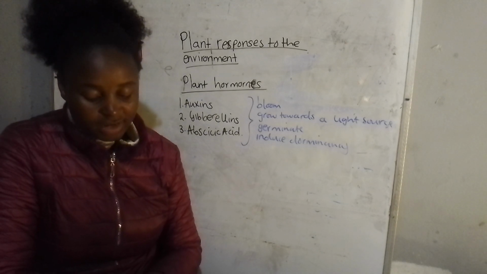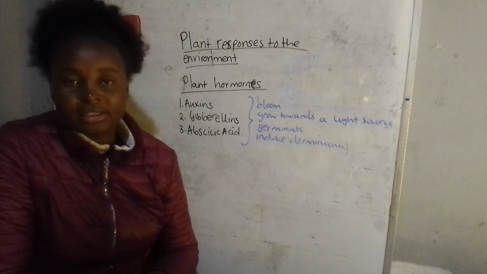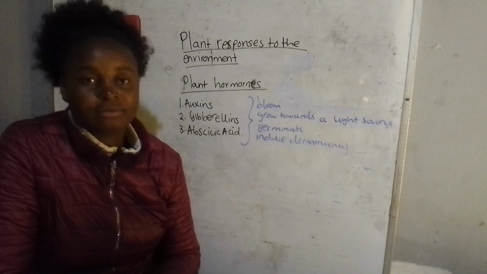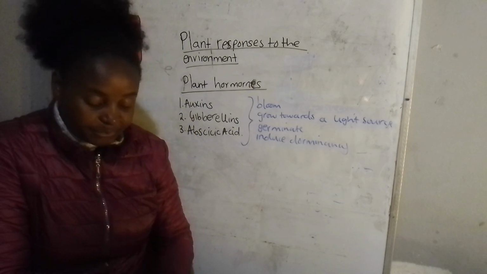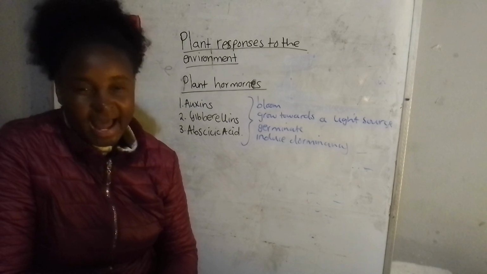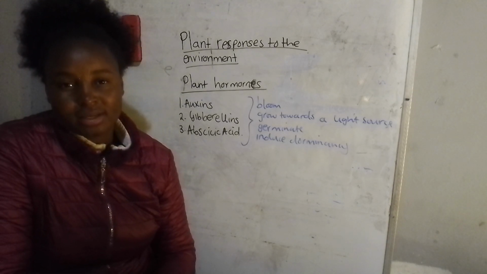Okay, so now we are saying when the stem is exposed to unilateral light, we're just saying light from one side, the auxin concentration will be higher on the darker side. So what happens? Light destroys the auxins.